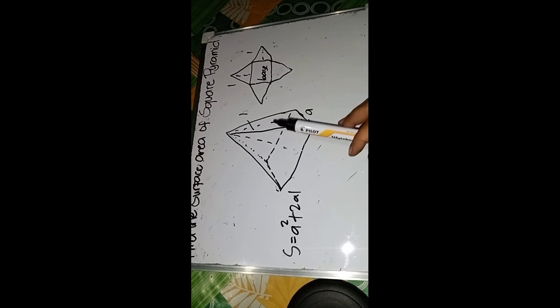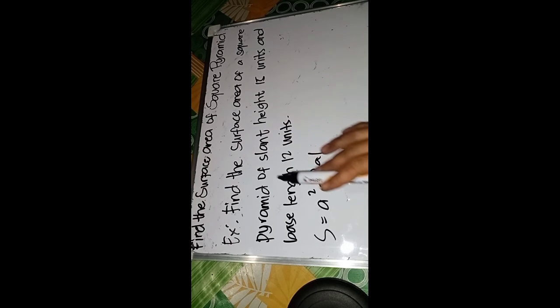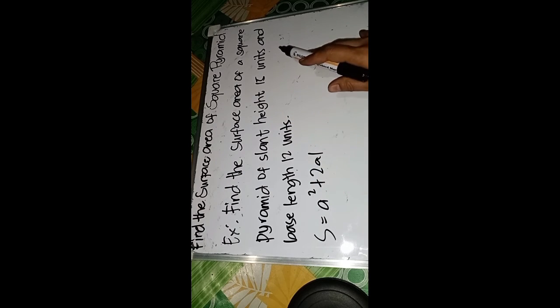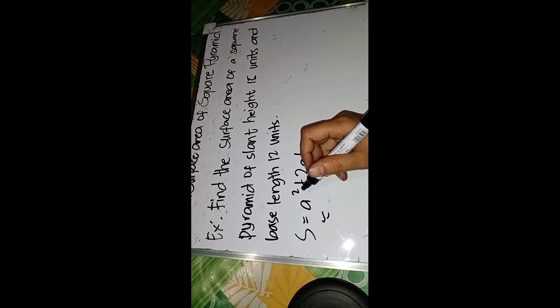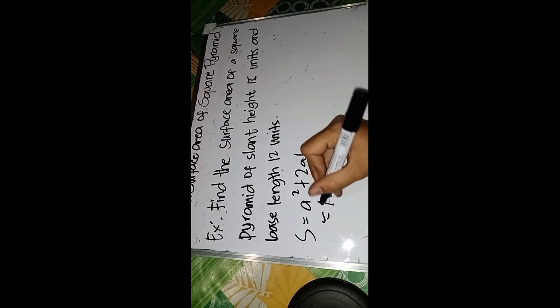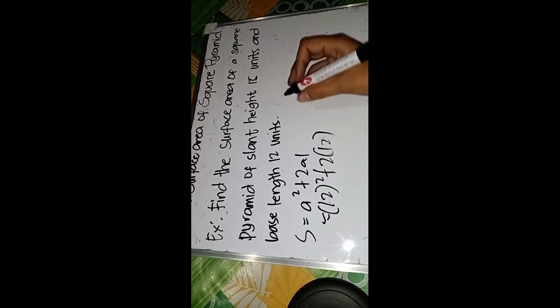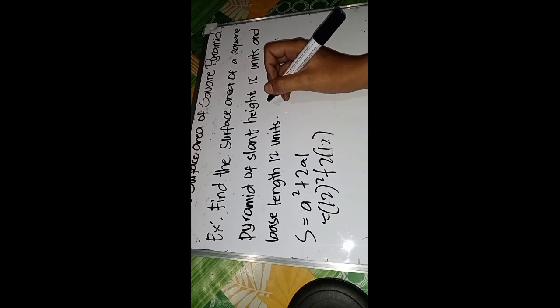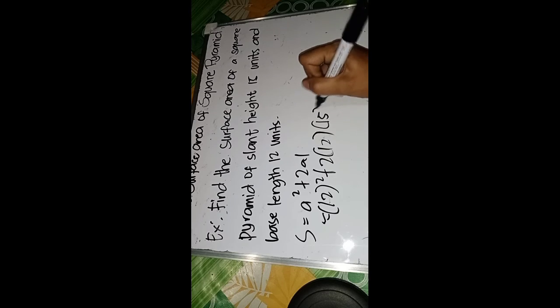Just like for the example: find the surface area of a square pyramid with slant height 15 units and base length 12 units. This is our formula for the surface area of a square pyramid. Our length is 12, so 12 squared plus 2 times 12 times our slant height, 15.